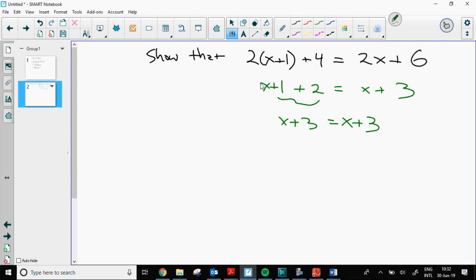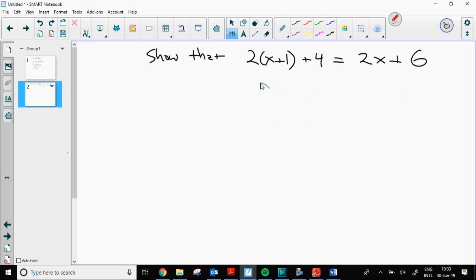That's not showing that they're equal, because, this is key, when I divided by 2, I was already assuming that they were equal. And that is mathematically not rigorous enough. If I am showing that they are equal, I can't begin by assuming that they are equal.